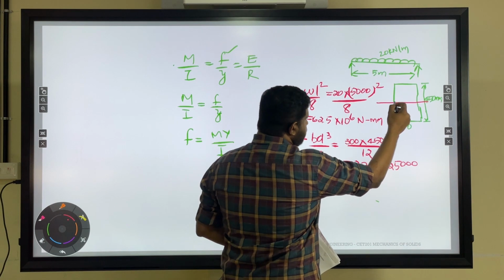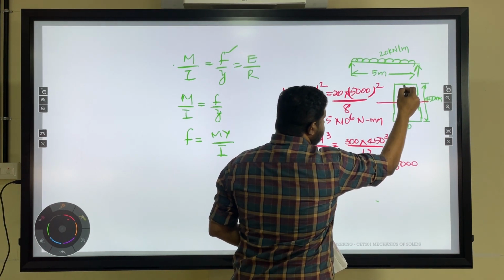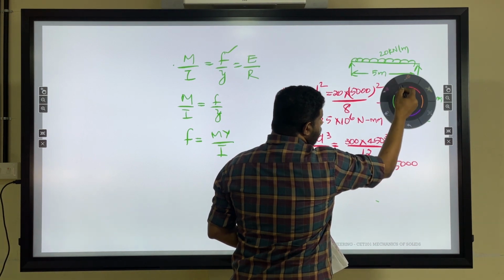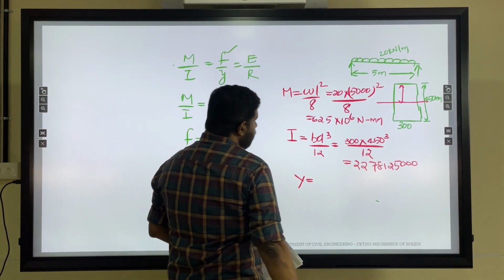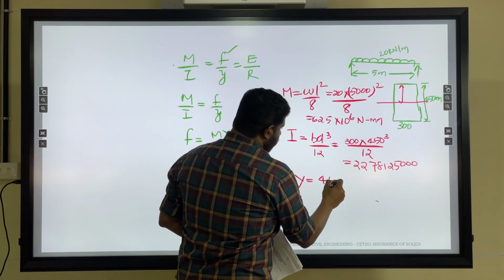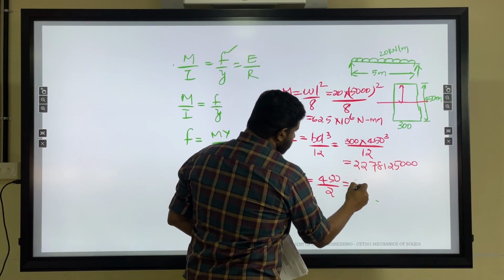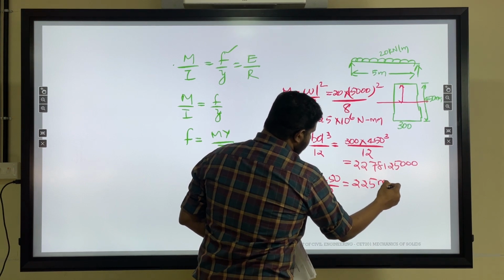So here, since it is symmetrical, you can take the distance from here to top or bottom. So Y will be equal to 450 divided by 2, so your answer will be 225 mm.